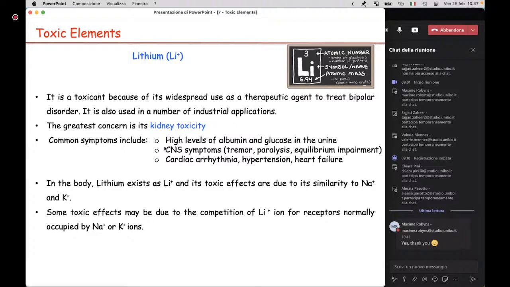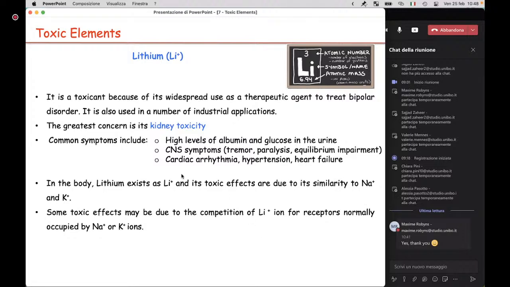We can have symptoms in the central nervous system, because lithium is very similar to sodium, and sodium is involved in neural transmission. So we can have impairments in how our nerves, our nervous system works, and so tremor, paralysis, equilibrium impairment, and so on.